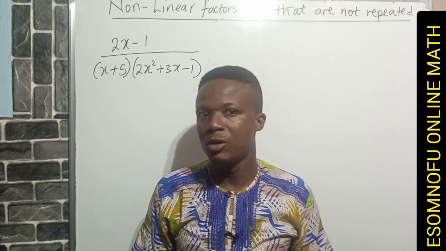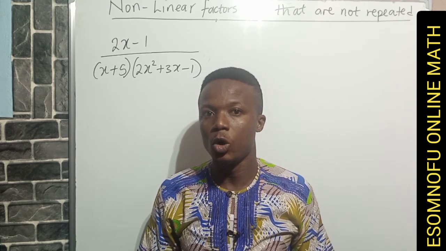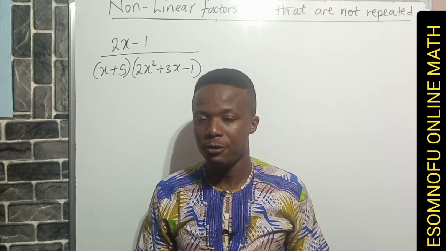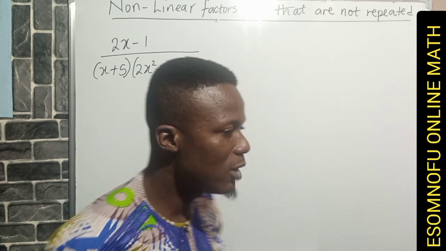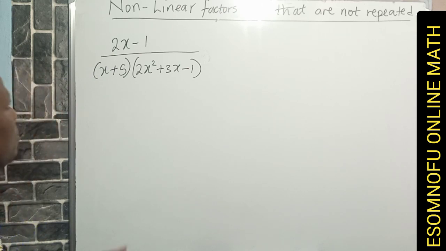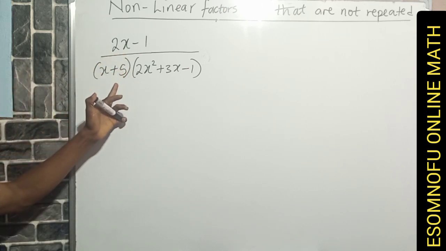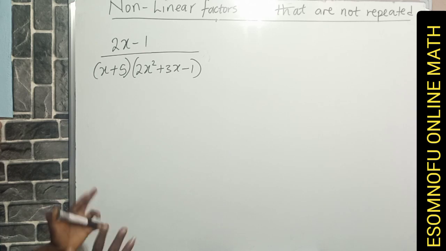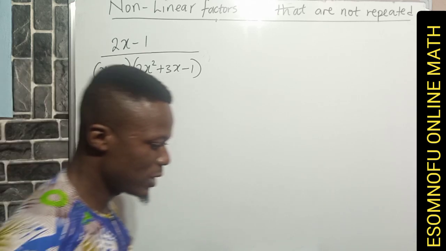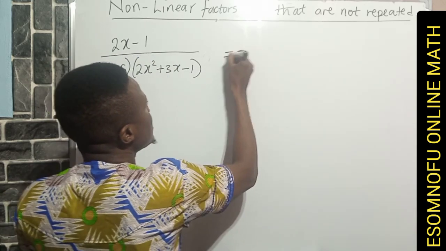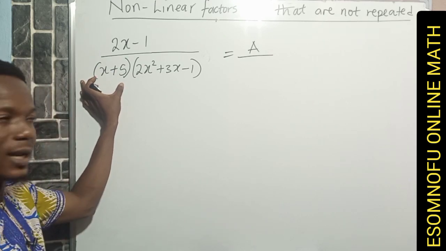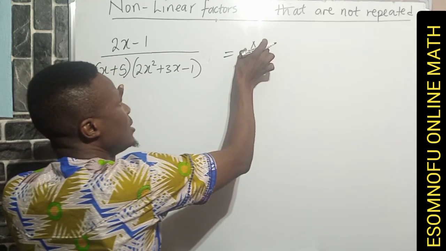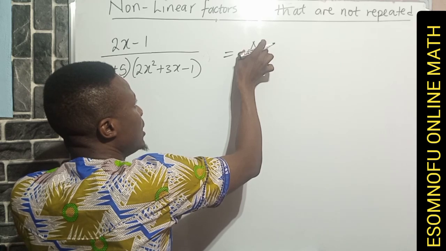But in this particular video, I'm not going to solve any problem pertaining to partial fractions. What I'm going to clarify today is how to break it down. For example, now I have (2x minus 1) all over (x plus 5) into (2x squared plus 3x minus 1). If you want to split this into partial fractions, you call it A all over... The first expression here is linear, that is why I'm having A here.